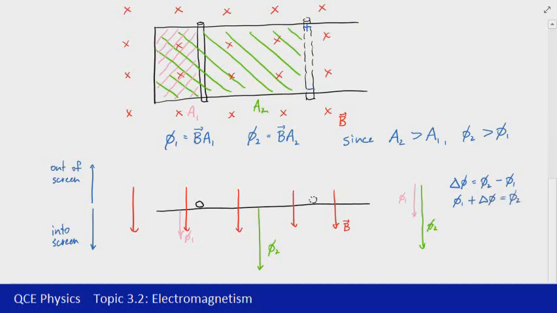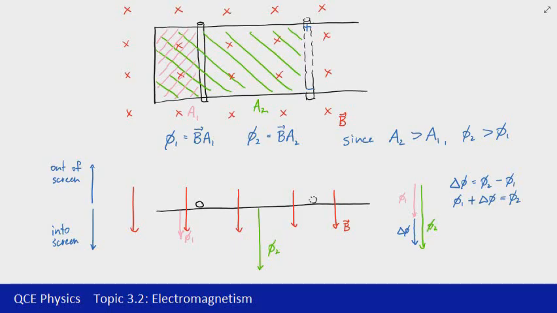That means that we can very easily identify here that the change in flux has to be downwards, so that we have that vector sum of phi 1 plus delta phi being equal to phi 2. Now the upshot of all of that is that we have the direction of the change in flux being into the screen, if we refer to the top diagram, as indicated also by the key on the left hand side.